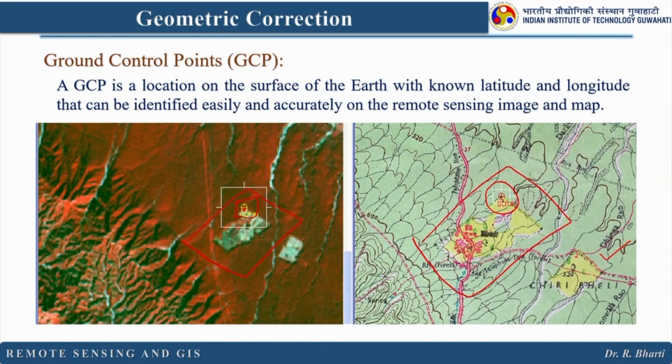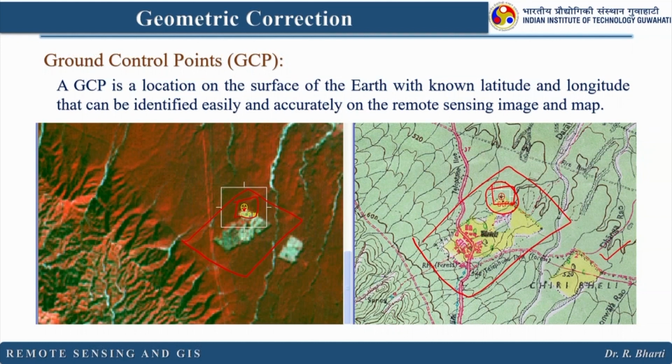So what you need to do is correct this with respect to ground measured values or from a map, right? When you correlate these two values, and if you are able to identify a relationship at which rate this particular error is occurring in this image, you can easily correct it.